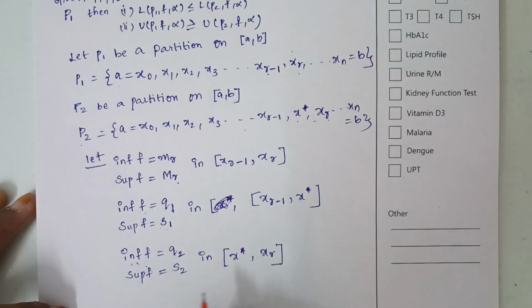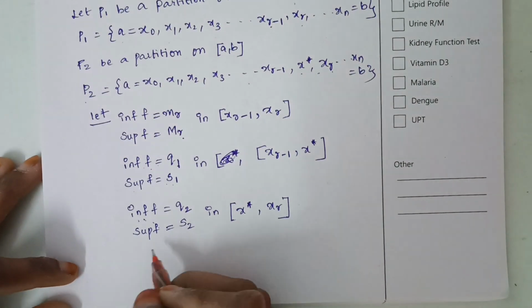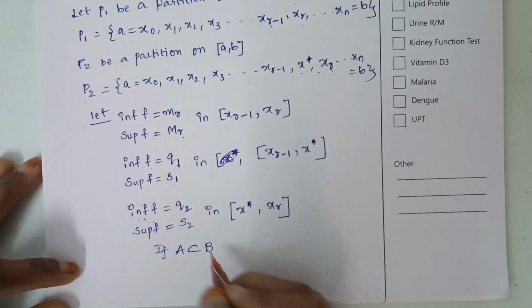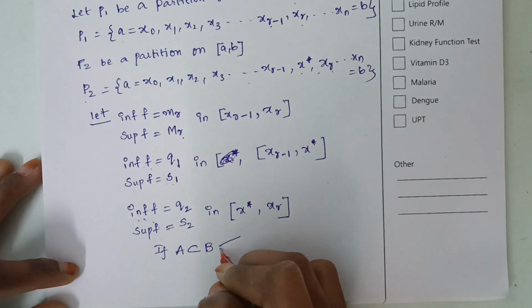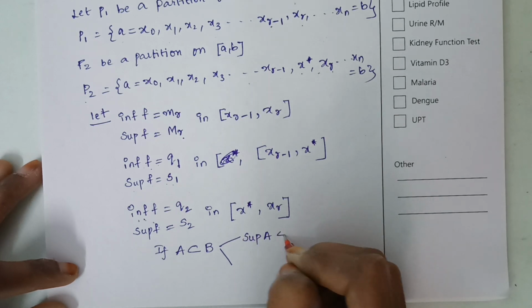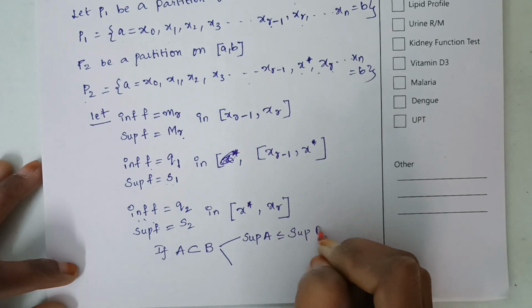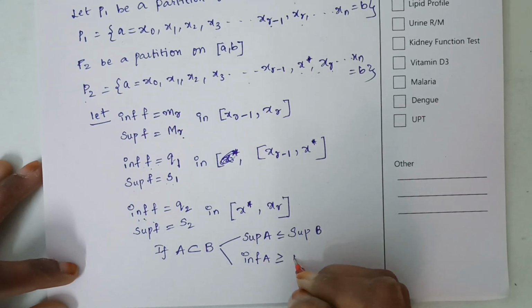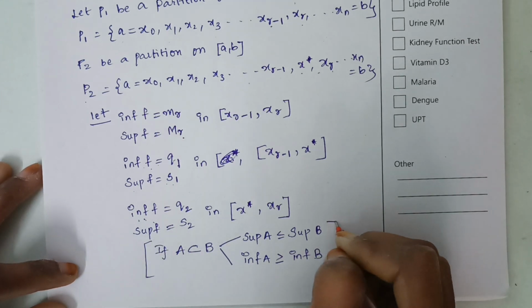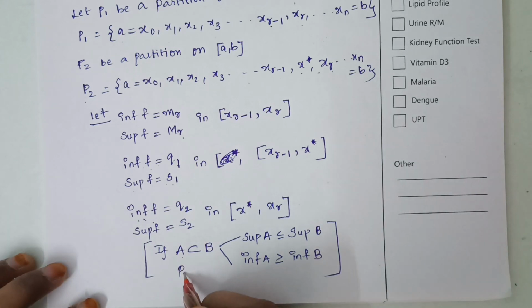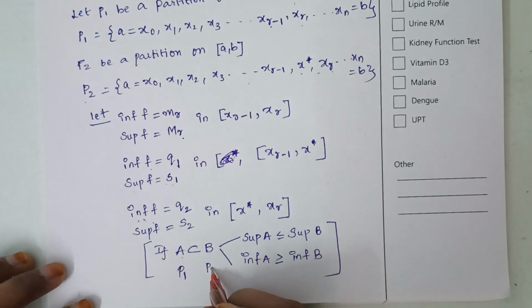Okay, and we have if A is a subset of B, then supremum A is less than or equal to supremum B and infimum A is greater than or equal to infimum B. And in the place of A we have P1 and in the place of B we have P2.